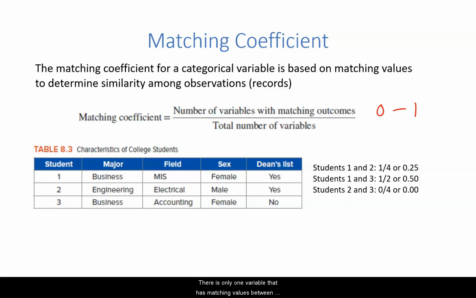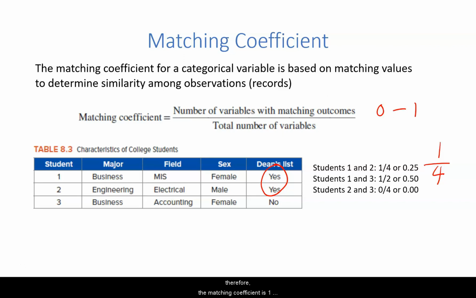There is only one variable that has matching values between the 2 students, which is the fact that both of them are on the dean's list. But they differ in terms of major, field of study, and sex. So the proportion of matching variables is 1 out of 4 total number of variables.